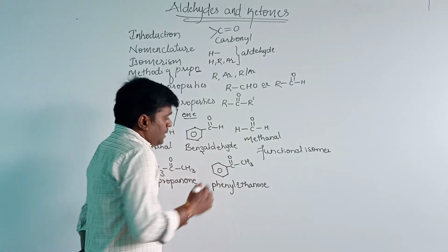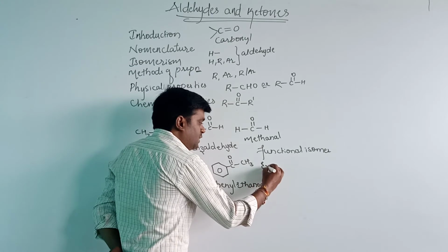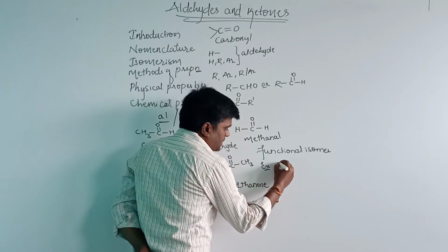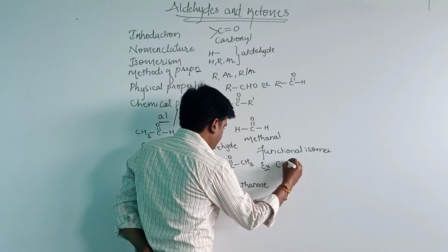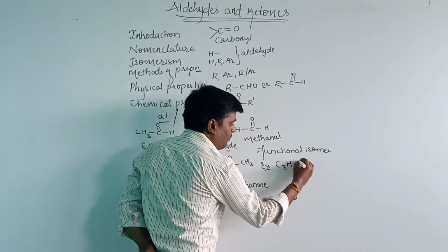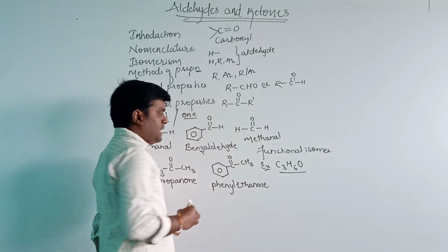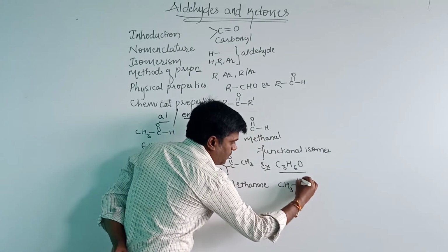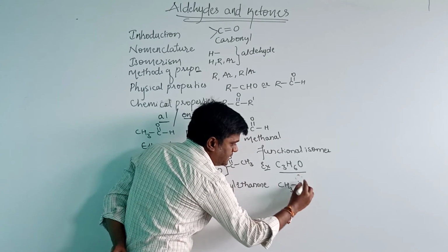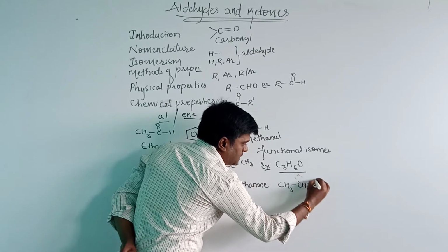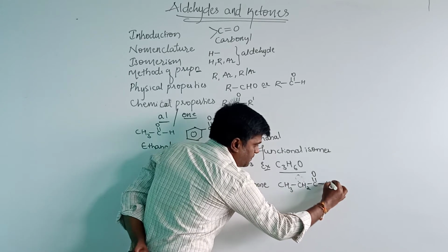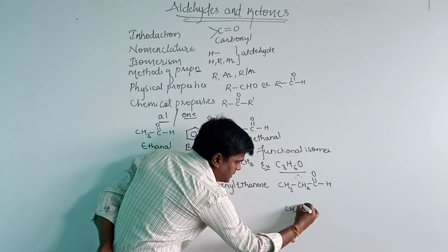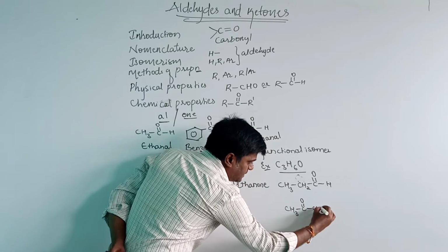Then let us see how these will show functional isomerism. Consider an example, C3H6O. We can write CH3 CH2 C double bond O H, and we can also write CH3 C double bond O CH3.